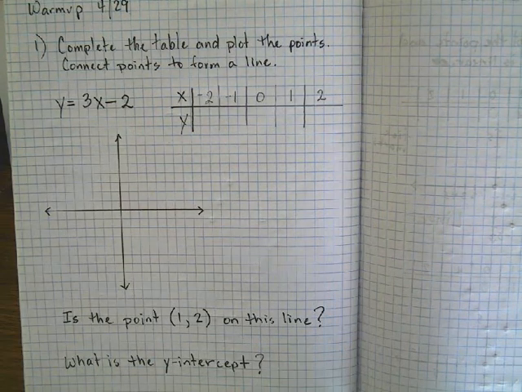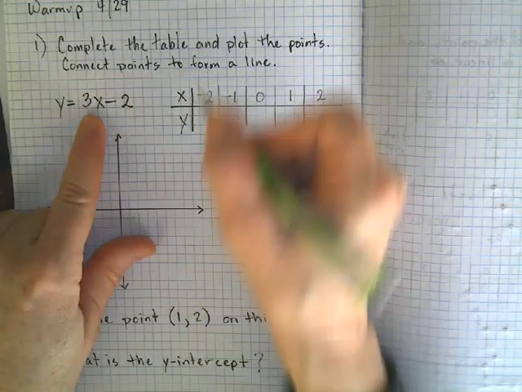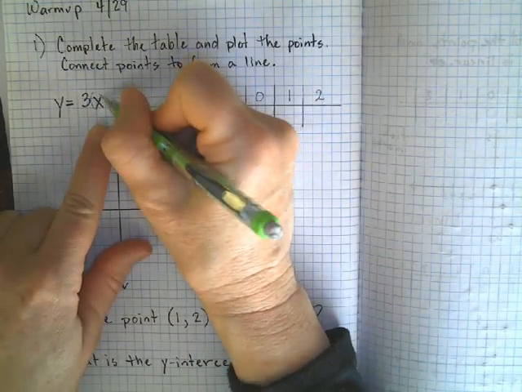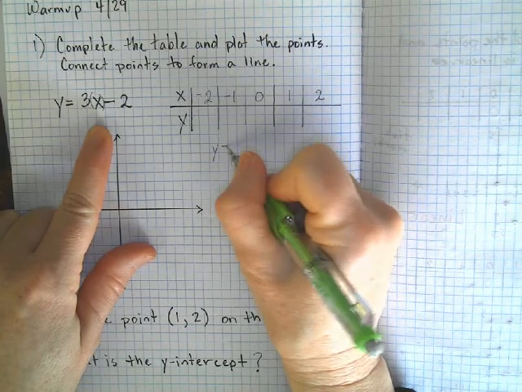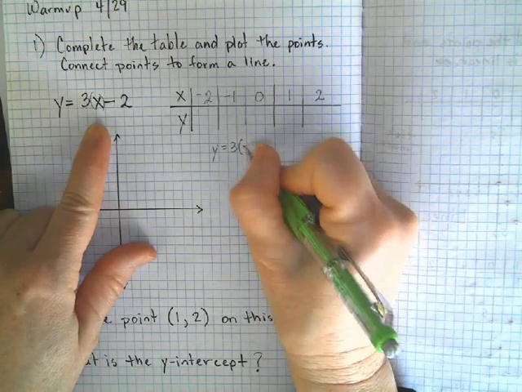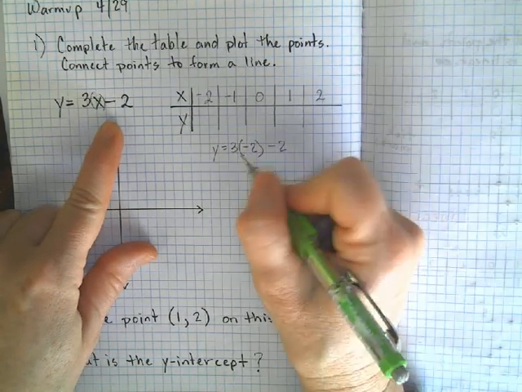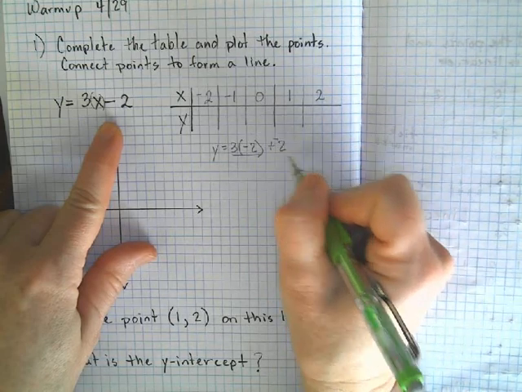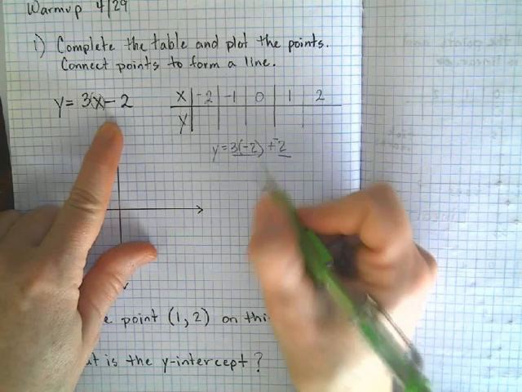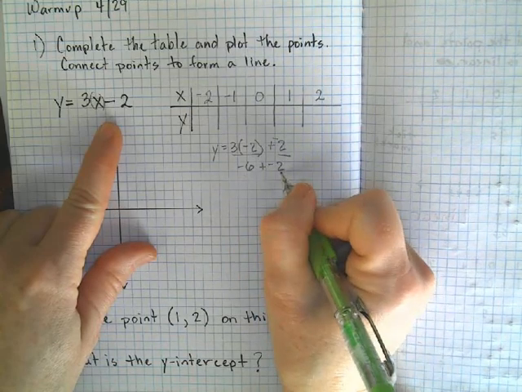Okay, so now I'm going to figure out, well, what's y? If I put in -2 for my x, I'm going to have y equals 3 times -2 minus 2. So I'm going to rewrite and parse. 3 times -2 is -6. -6 plus -2 is -8.